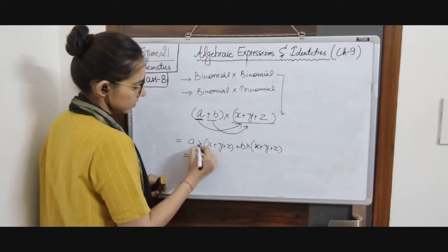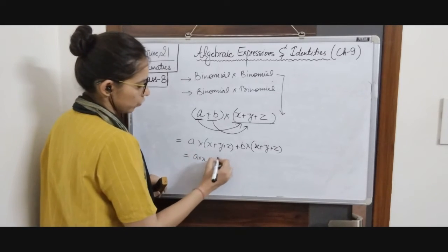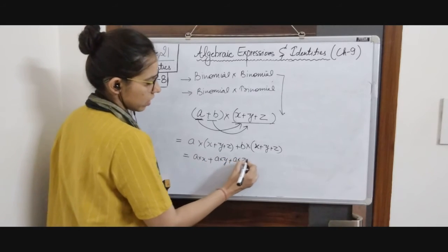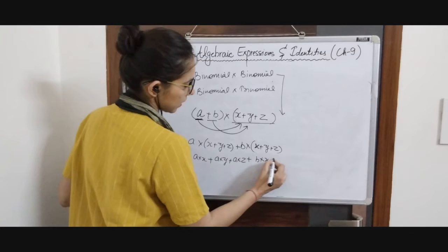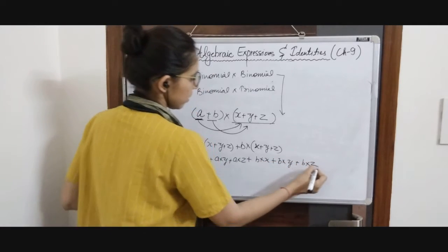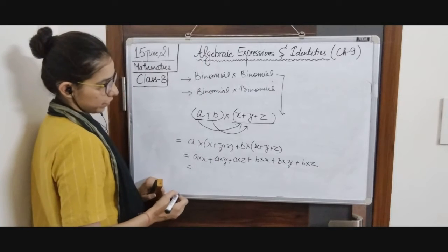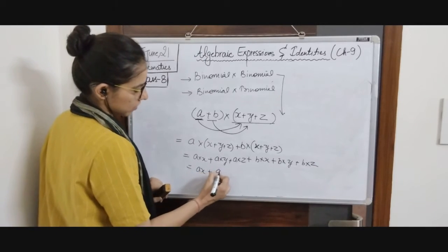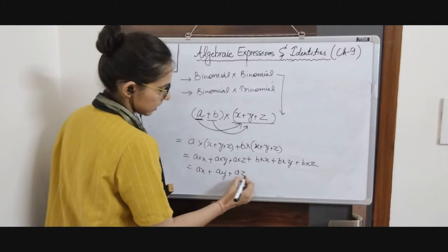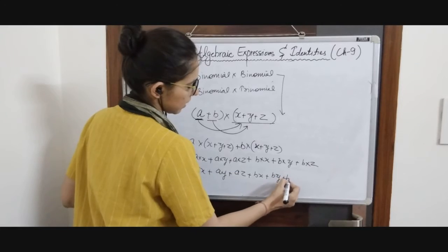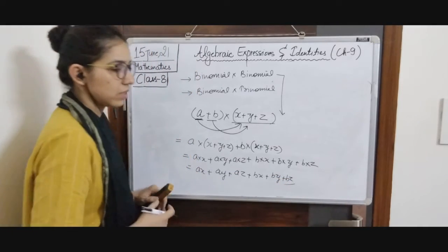It is a into x plus a into y plus a into z plus b into x plus b into y plus b into z. For neat work, we will write it as ax plus ay plus az plus bx plus by plus bz, and this is going to be our answer.